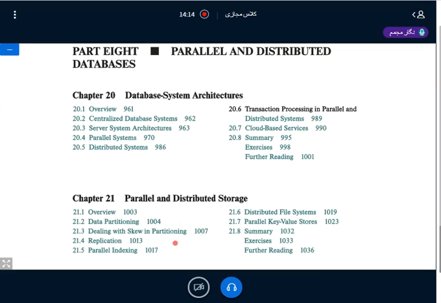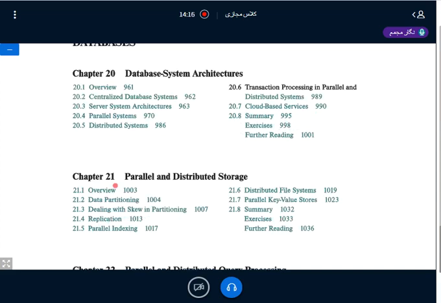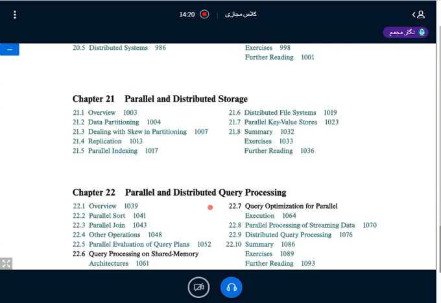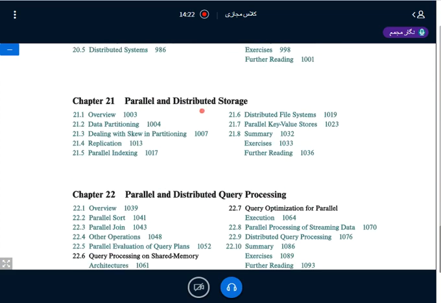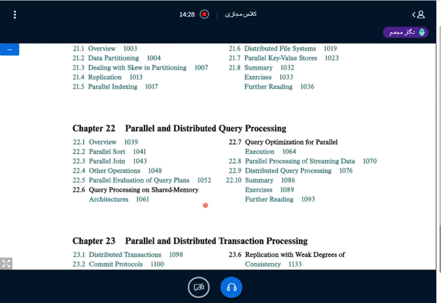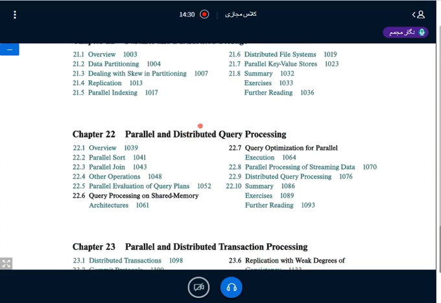And I suggest that you read chapters 21, 22, and 23, because these chapters talk about distributed storage, distributed databases, and distributed query processing.